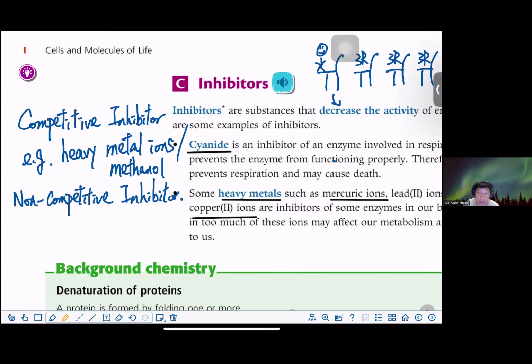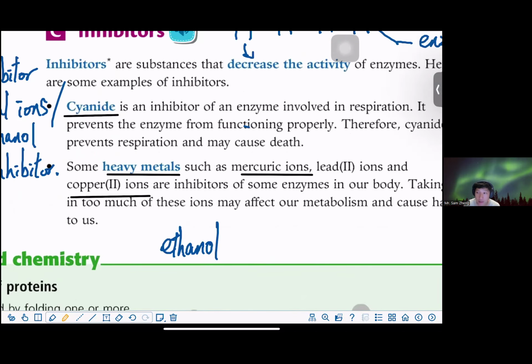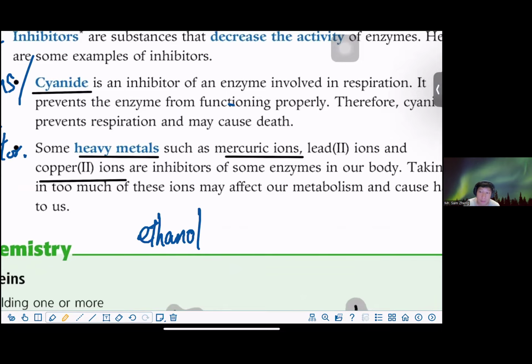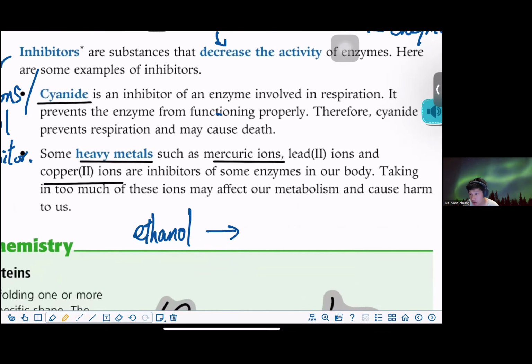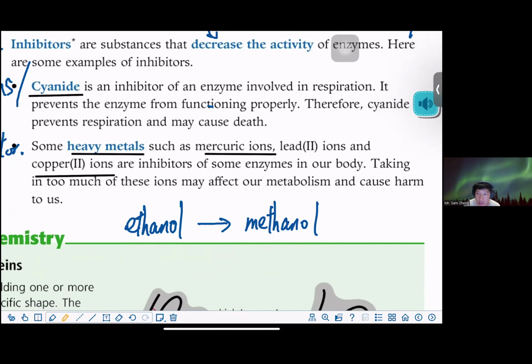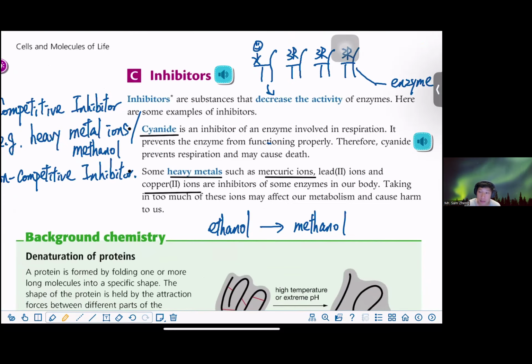Rather than using ethanol, which is one of the components of wine that is suitable for humans to drink, they changed the ethanol into industrial alcohol, which is methanol. Methanol is a type of alcohol that cannot be absorbed by our body. This is very dangerous because methanol looks like ethanol. So once our liver does the detoxification, in this case, we cannot do the detoxification.